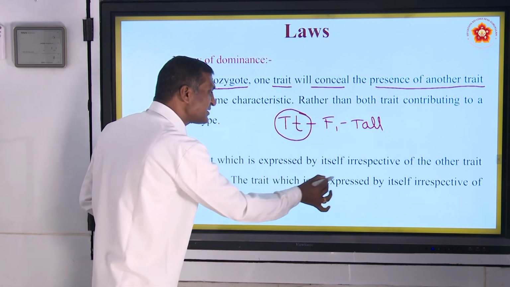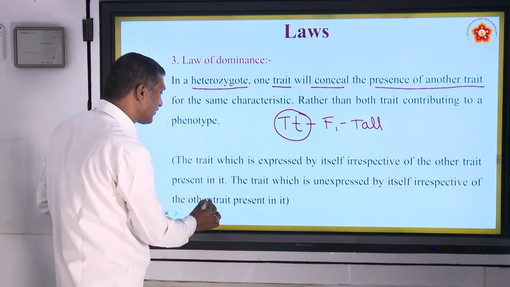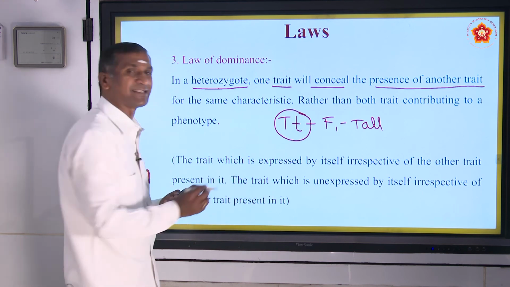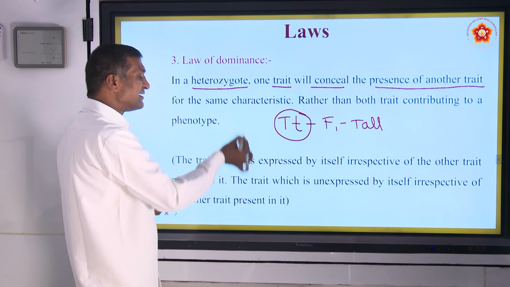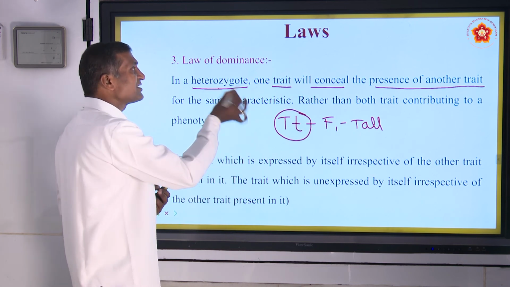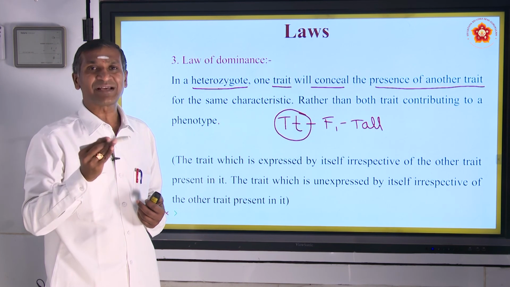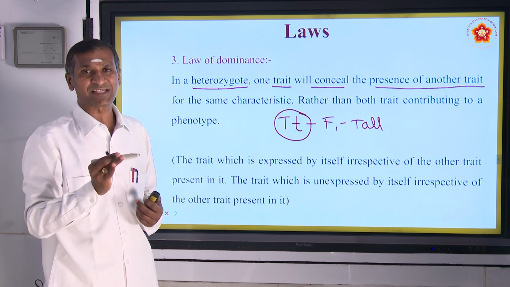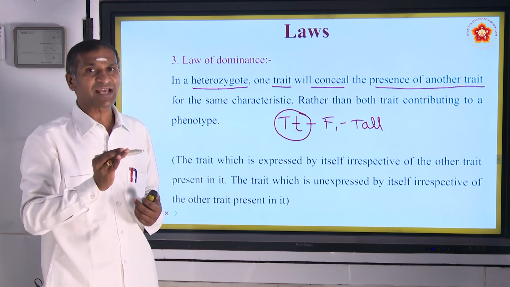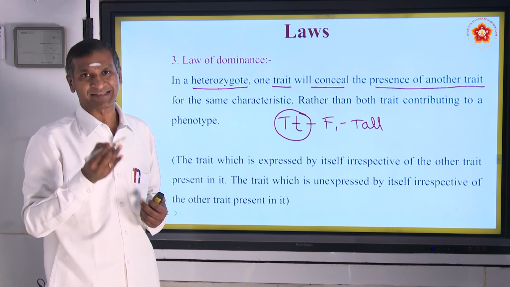The factor which is unexpressed by itself irrespective of the other factor present in it, that is recessive. This is the understanding part of this law of dominancy. The factor which is expressed is dominant, it is shown off in a heterozygote. The factor which is unexpressed is hidden, it is recessive.